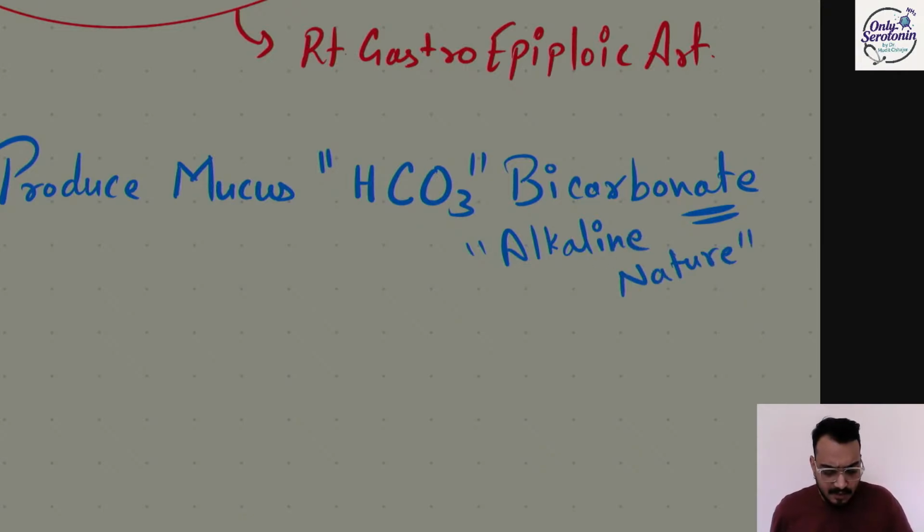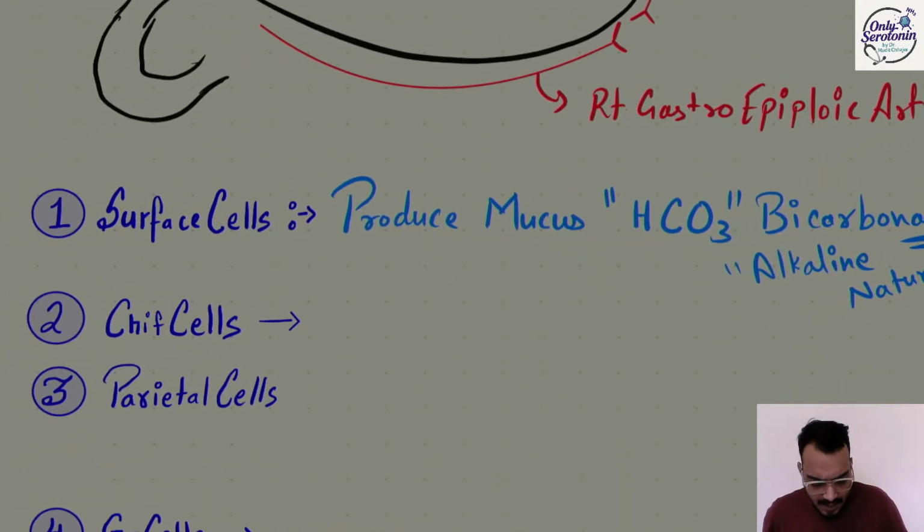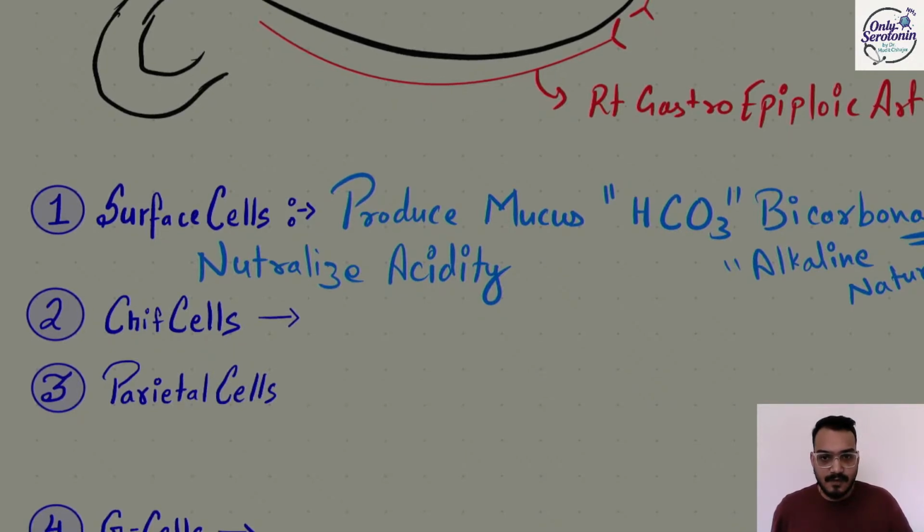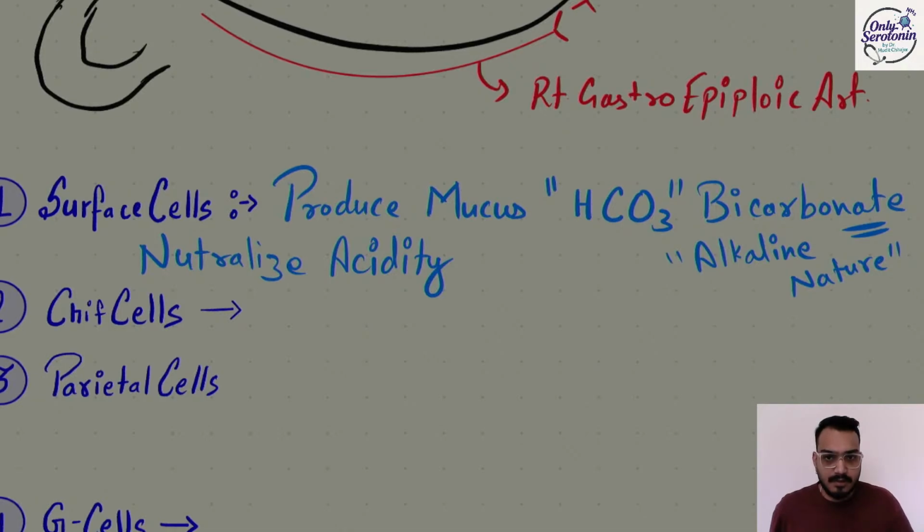So what will this do? This will help me to neutralize acidity in GIT. Whatever acid is produced by my stomach, this acid is going to get neutralized with the mucus which is produced by surface cells.